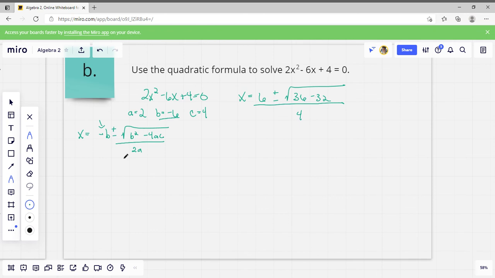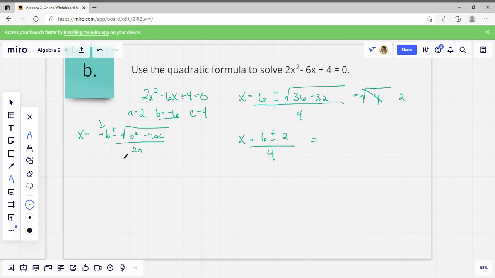Alright, so now we need to subtract in here, so that would be the square root of 36 minus 32, which would be 4. And that is just 2. So we've got x equals 6 plus or minus 2 over 4.